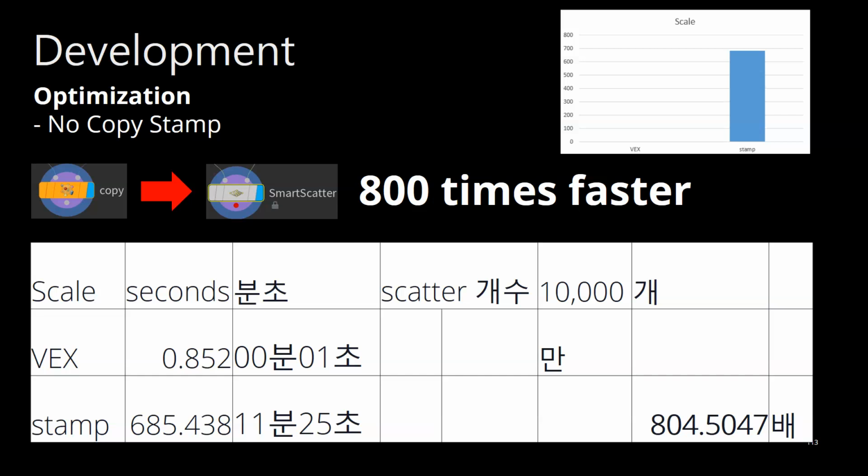Next is optimization. I've implemented a way to adjust the size or angle of geometries without using copy stamp. The speed of scatter is about 800 times faster.